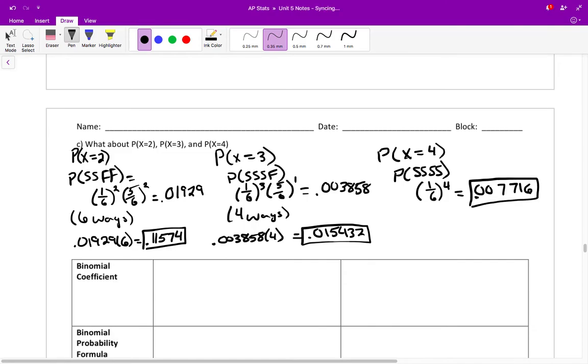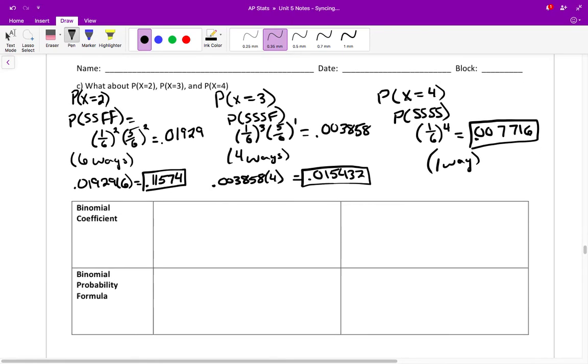There's only one way that you can actually get 4 successes, which is the one we just mentioned, so we really don't have to multiply by anything other than 1 if you really wanted to.